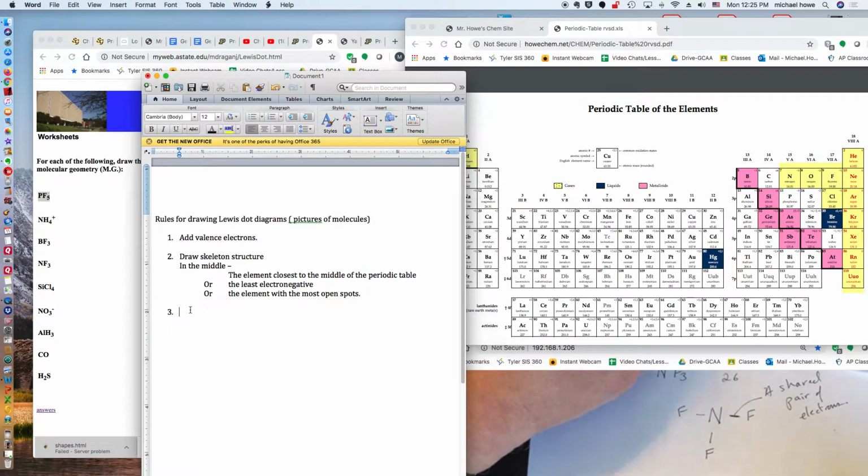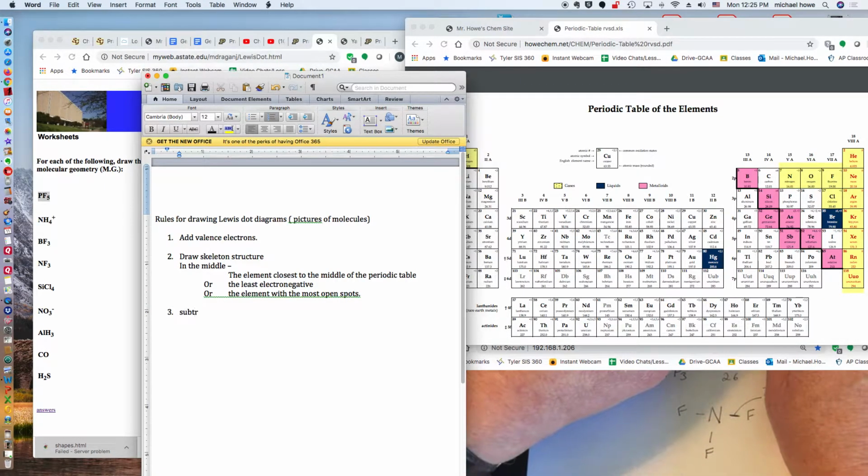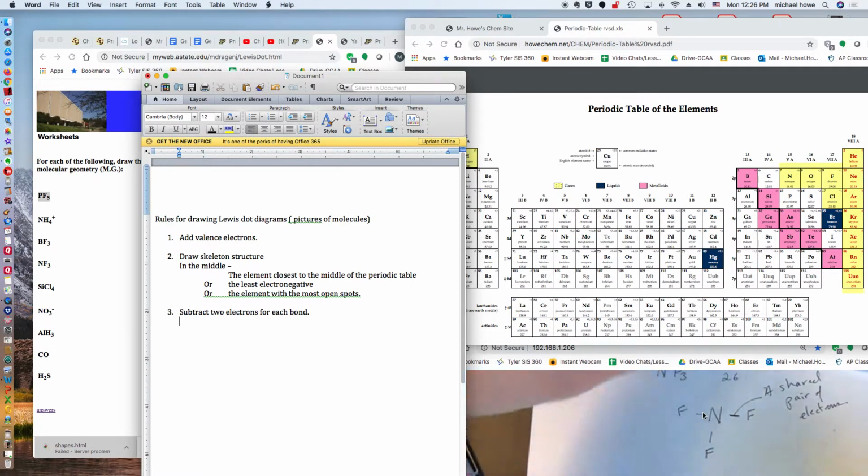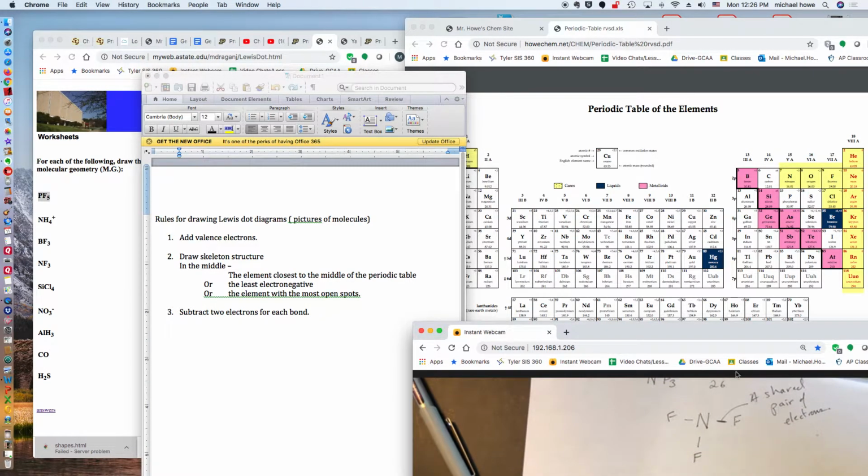Okay, now rule number 3 for drawing dot diagrams is subtract 2 electrons for each bond. So what that means is, over here in our picture, I have 2, 4, 6 electrons in the picture.